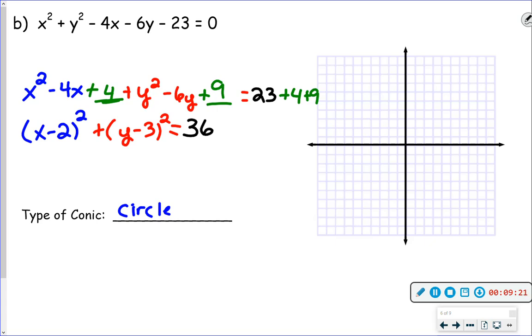So really, we probably should just jot down the center and radius. We already said 6. What's your center? 2, 3. Good. So nice and easy to draw. We're going to plot 2, 3. And then I'm going to go up 6, down 6, right 6, left 6.